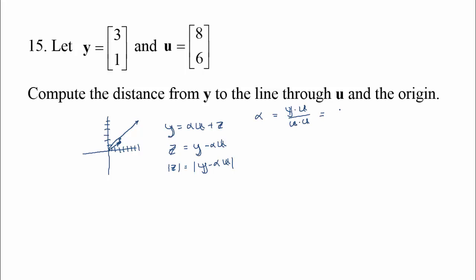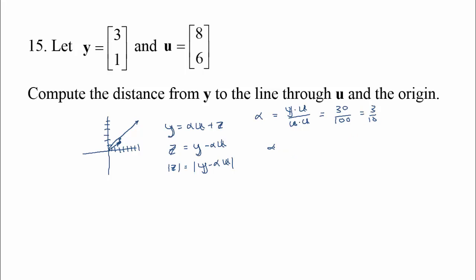In this case, y dot u is going to be 24 plus 6, that's 30. And u dot u would be 8 times 8, that's 64, plus 6 times 6 is 36, so 64 and 36 is 100. So alpha is actually 3/10.